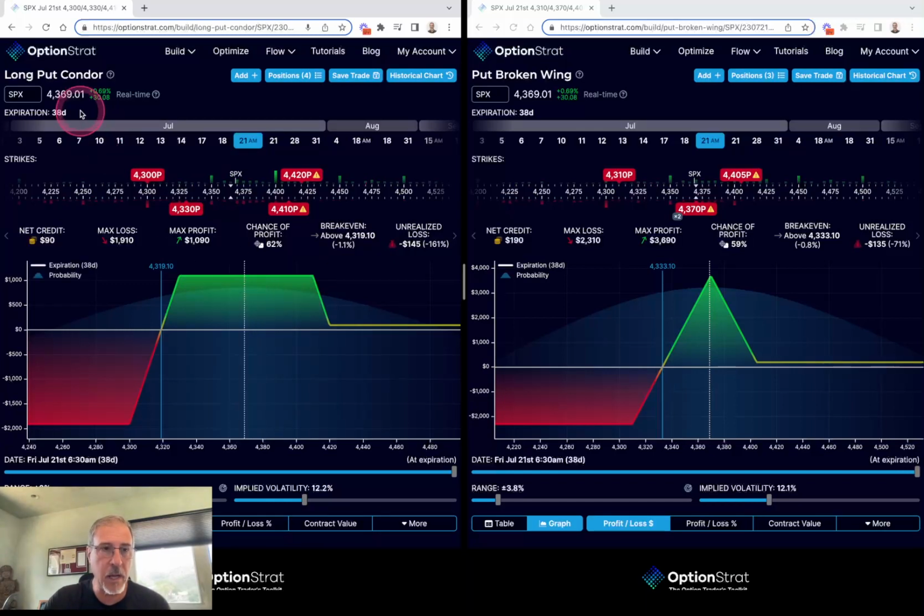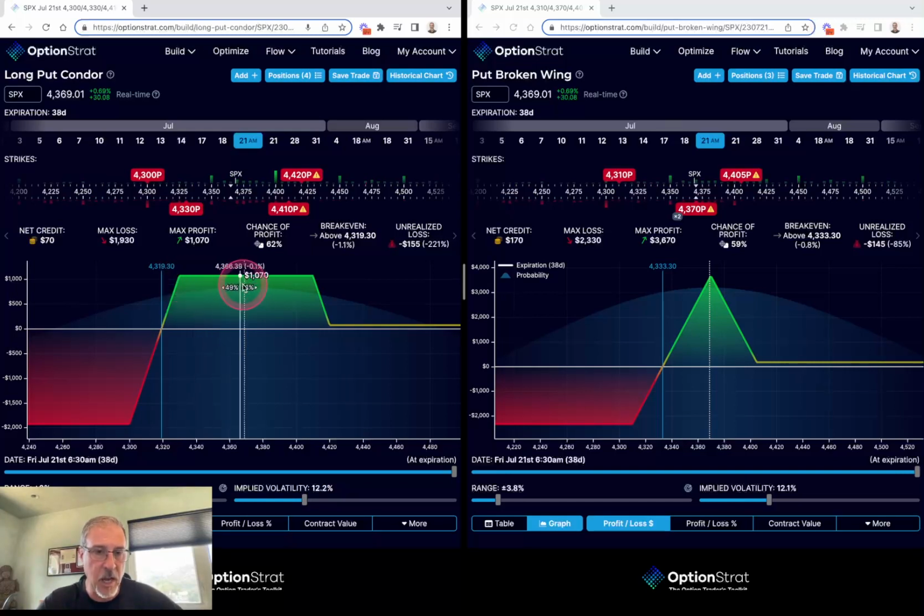The current market, and I like to show all of these examples in SPX, is at, call it, 43.70 here today. So I want 43.70 to be in the center of my tent, if we want to call it that. Over here, you can see I'm pegged exactly in the center of the tent. Over here, I'm pretty close to being the center of the tent.